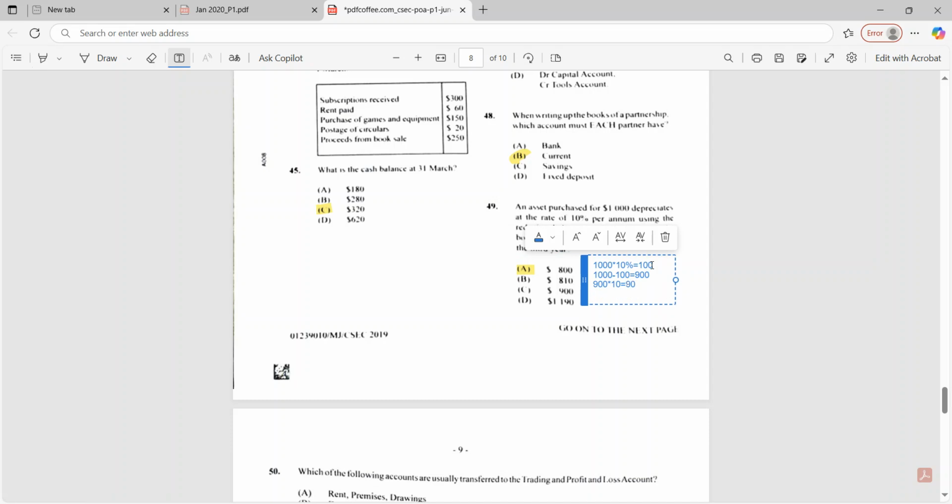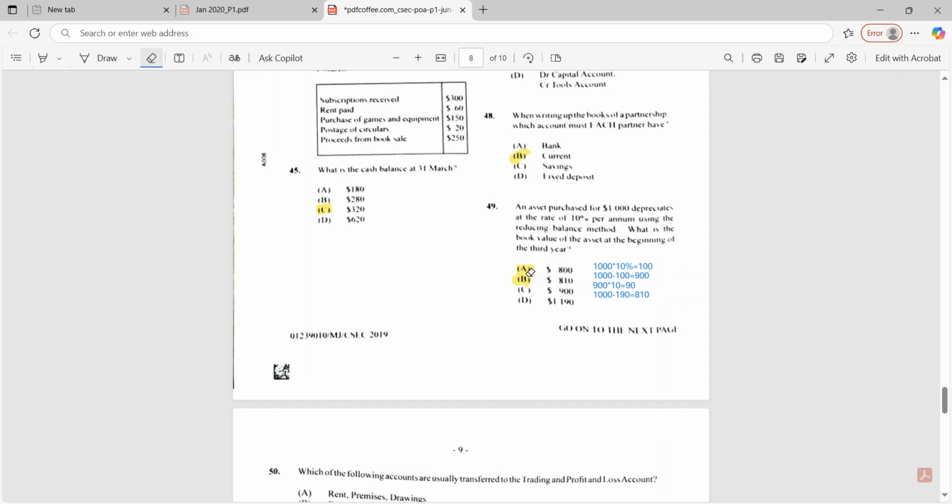So therefore, the value of the asset for the third year would have been $1,000 minus the two depreciation so far, which is 190, which is going to give us 810. All right, so the answer should be B and not A.